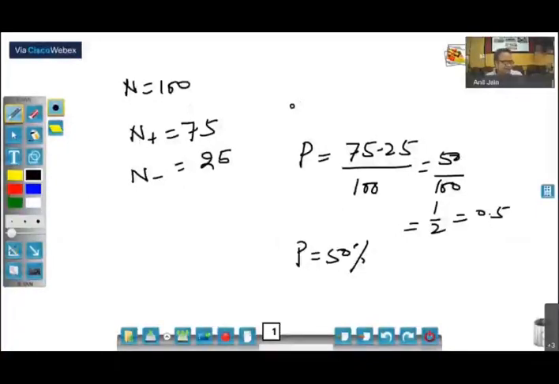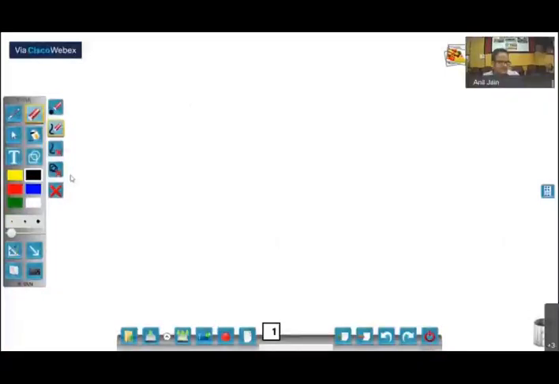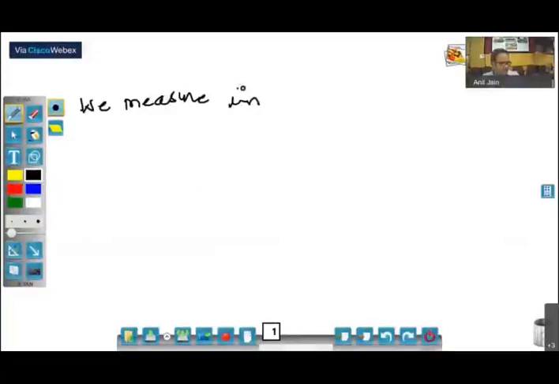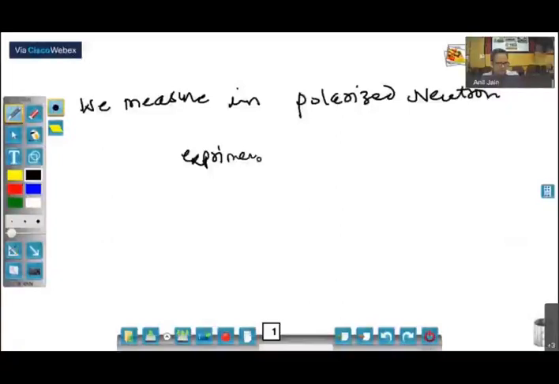Then what we measure in a polarized neutron experiment is the polarization P of the beam, which is defined as (n plus minus n minus) divided by (n plus plus n minus).